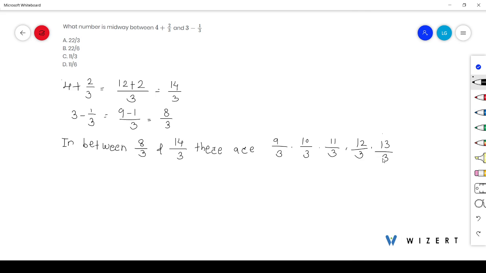So to find the midway, here from the given options we have 11 by 3 is the midway between 4 plus 2 by 3 and 3 minus 1 by 3.